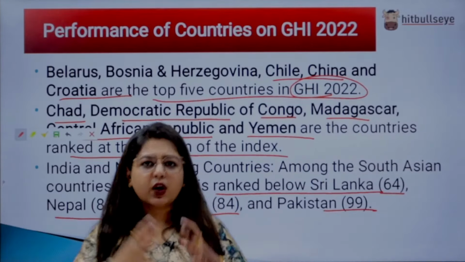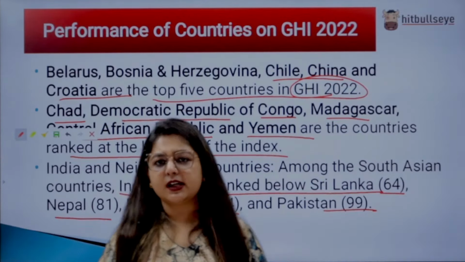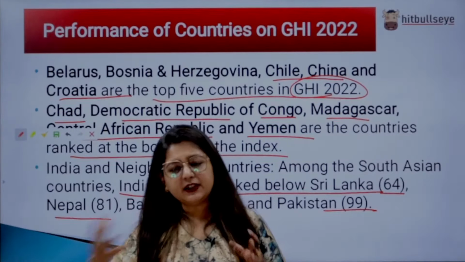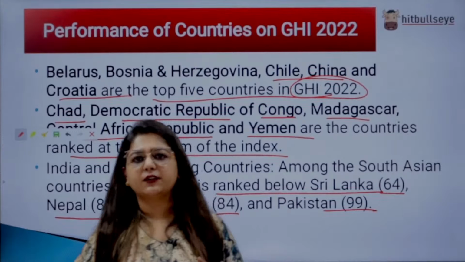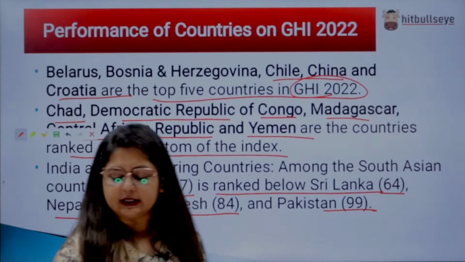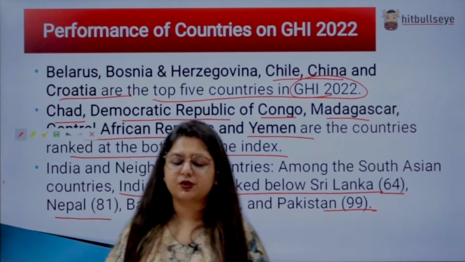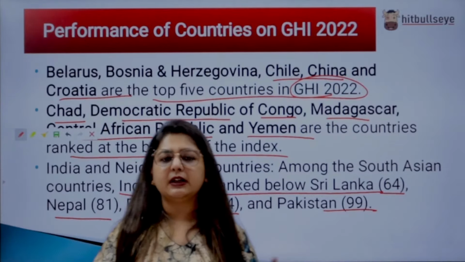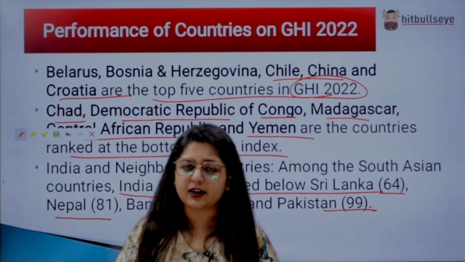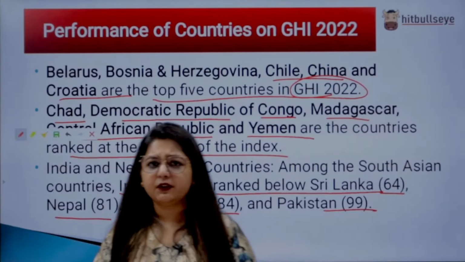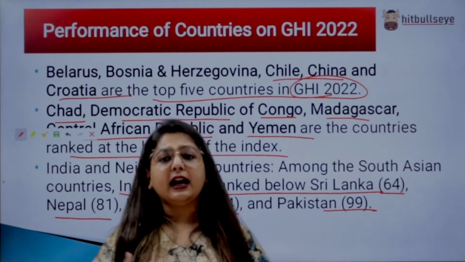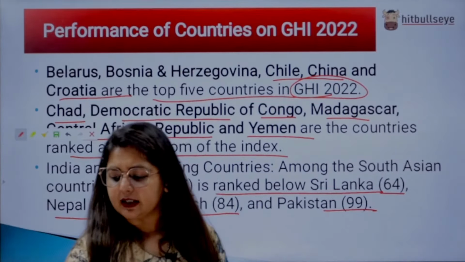But we are not at all expecting more than 46 nations to be even closer to what we have targeted for 2030. So this is again one such sad news, I would say, that still children are being undernourished, they are malnourished, they are not being taken care of. The stunting is going up, the wasting is going up, and even child mortality is at its peak.